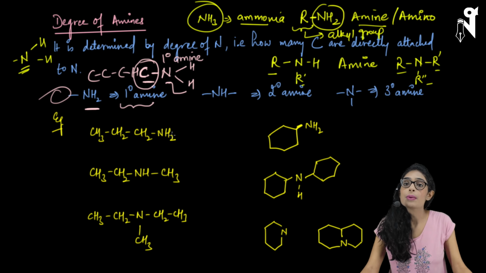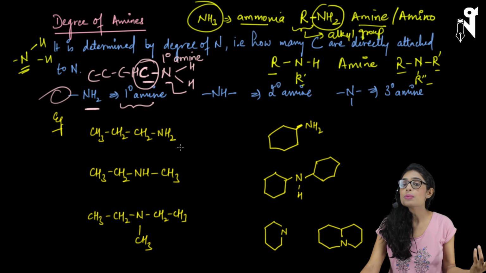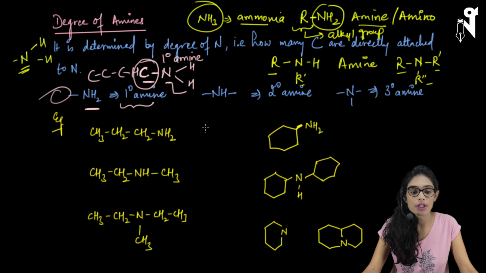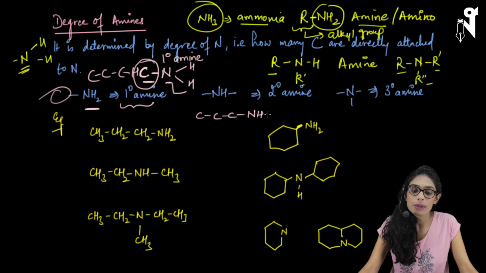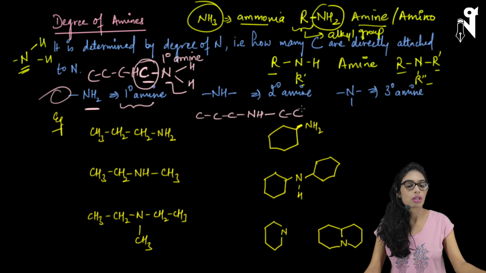Now here, if I replace two hydrogens with two R groups, and R groups are nothing else but the carbon chain, so let's say I have taken a C, any length of carbon chain it can be, and then nitrogen with hydrogen, and on the other side another C. I'm not writing hydrogens; you can just assume the hydrogens are already there.